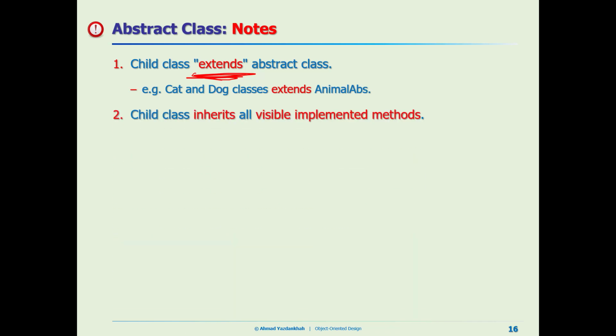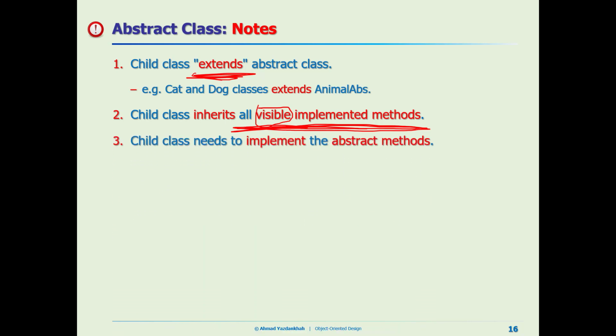All visible implemented methods will be inherited by the child class. The visibility rules we discussed for inheritance are applicable here too. And in the child class, we need to implement all abstract methods that come from the abstract class.